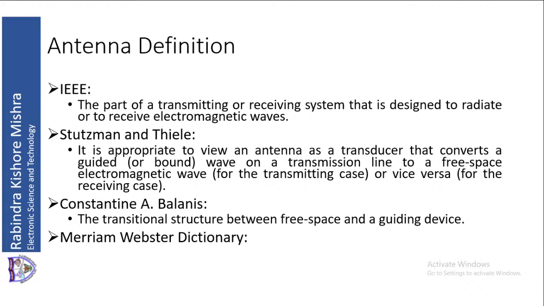That is the definition by C.A. Balanis. This book you will be using if you take the course on antenna in your third semester. I think in the third semester there will be a course on antenna. If you take that course, you will be following this book, C.A. Balanis.